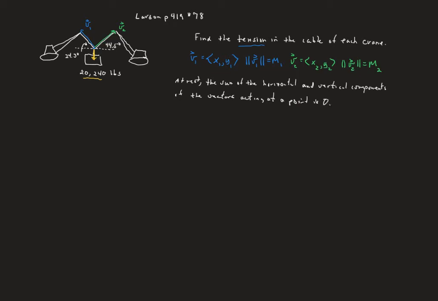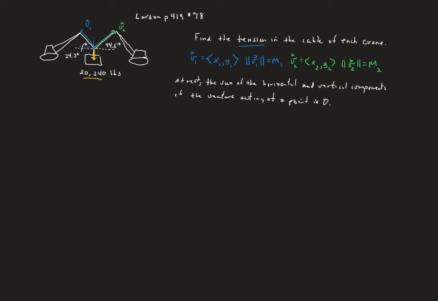So what that means is when you look at that point right in here where the two cables and that attachment to the weight come together, then the blue vector, V1, has a vertical and a horizontal component. Part of that vector is going in the horizontal direction to the left. Part of the force of that vector is going vertically.